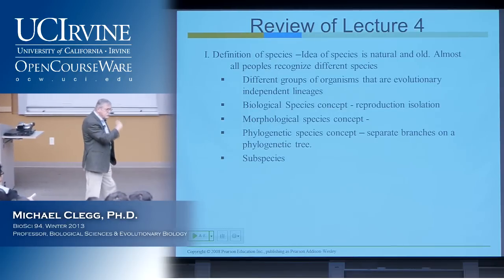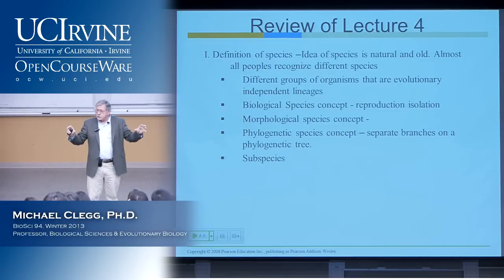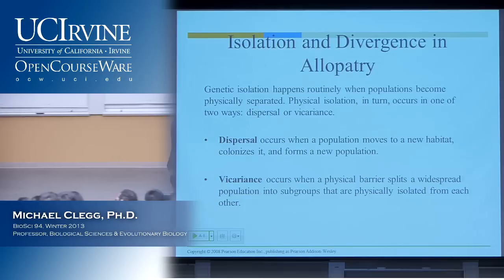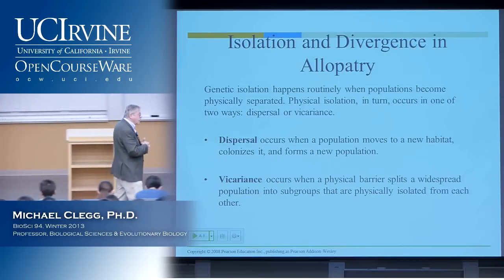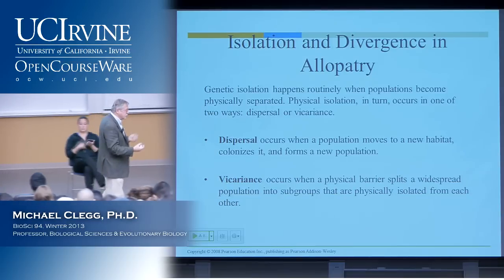So subspecies are populations which are on the way to being species, but they haven't reached the point where they are genetically isolated. Now we're going to talk about the common processes that lead to new species.